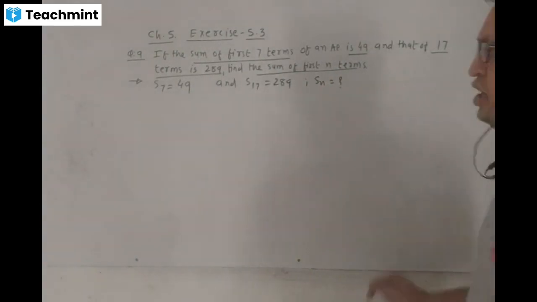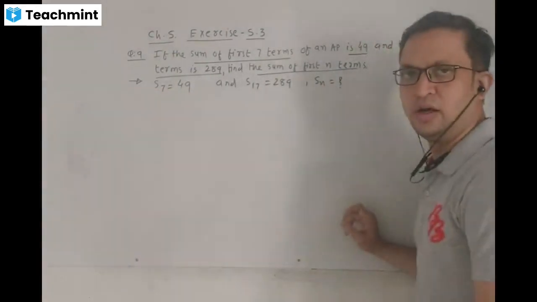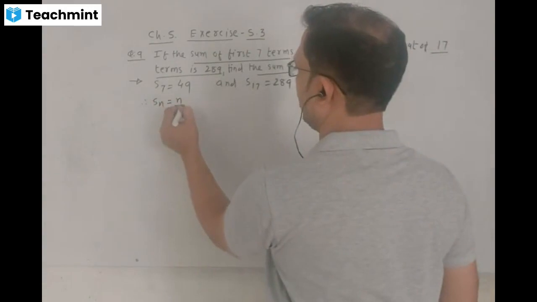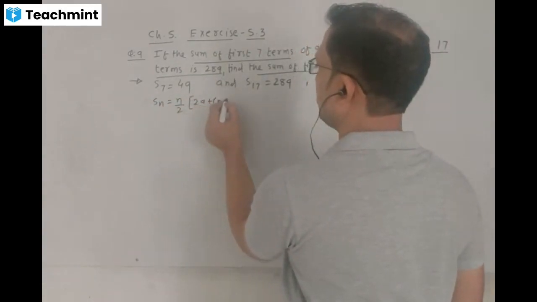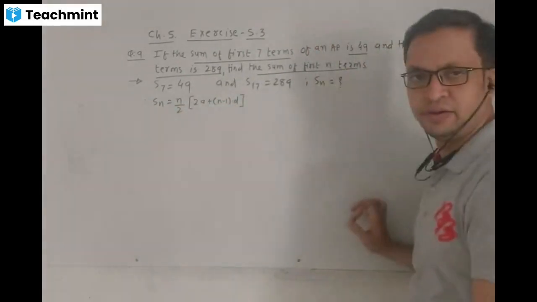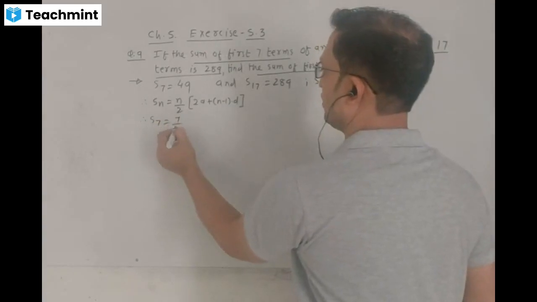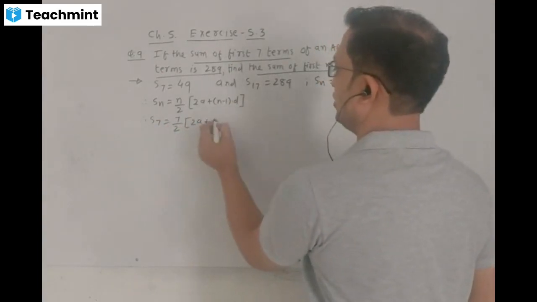Okay. Here S7 is equal to 49. Therefore, the formula of Sn is equal to n by 2 times 2a plus n minus 1 into d. Put n is equal to 7. Therefore, S7 is equal to 7 by 2 times 2a plus 7 minus 1, that is 6d.